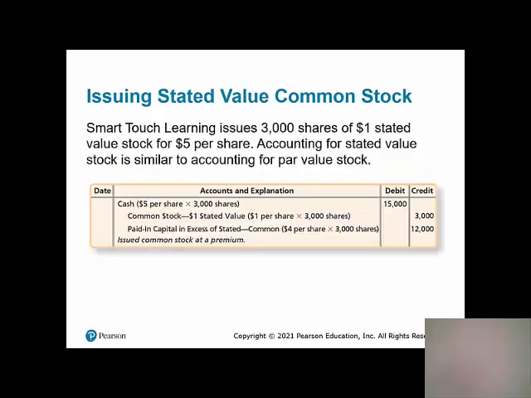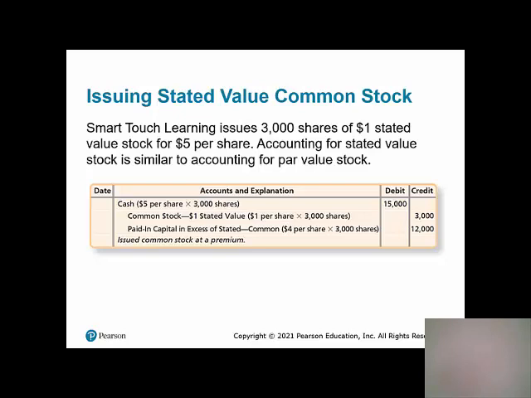Now, if we issue stated value common stock, which we talked about in the first presentation, stated value is when you have no par stock, but you give it a stated value. We treat stated value just like we treat par value in terms of doing the journal entry. So using that example of Smart Touch Learning issuing 3,000 shares of $1 stated value stock for $5 per share, we would debit cash again for 15,000, 3,000 times $5.